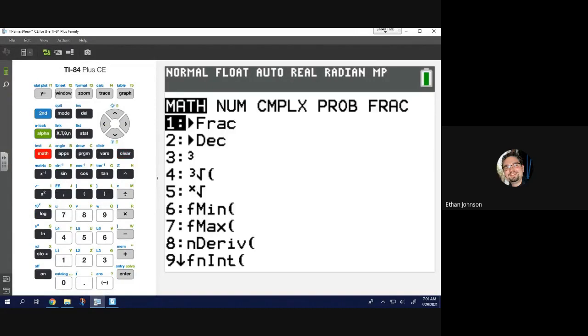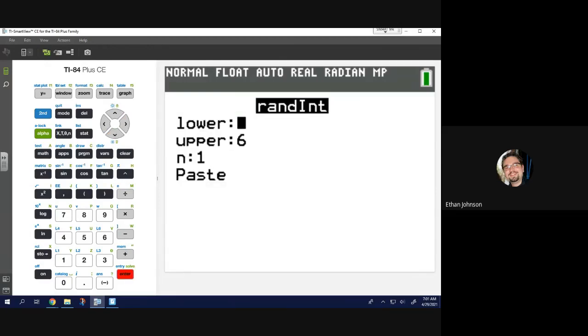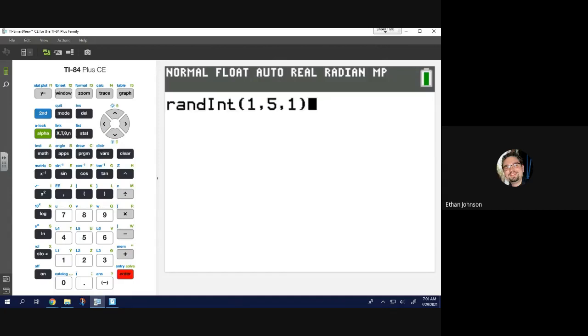So we go to math, over to probability, down to number 5, the randInt. Lower will forever be 1. Upper in this case is not a 6 anymore. It's the 5 because that's the bottom number of the fraction. I'll go ahead and paste and hit enter. So each trial needs 10 numbers, so I'll hit enter 10 times.